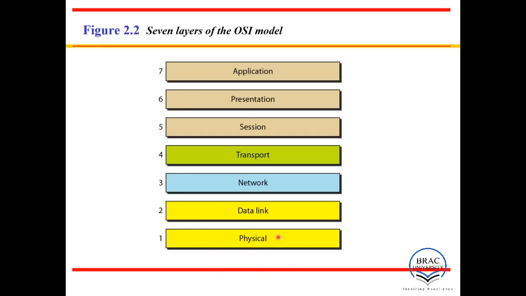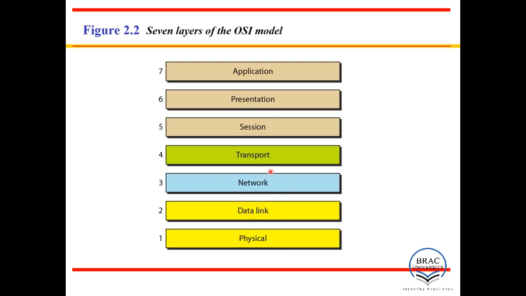The first layer is the physical layer, which is dedicated to the conversion of signals to binary data. Then we have the data link layer. Here we will talk about the MAC address, and how the MAC is required in this layer to achieve the communication.